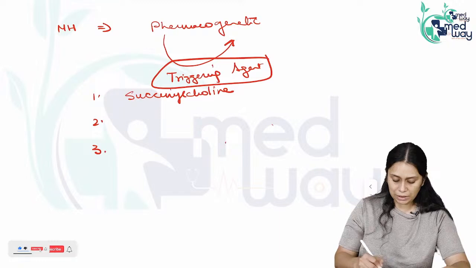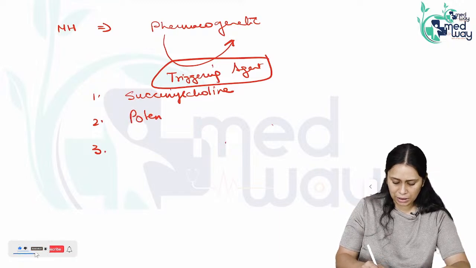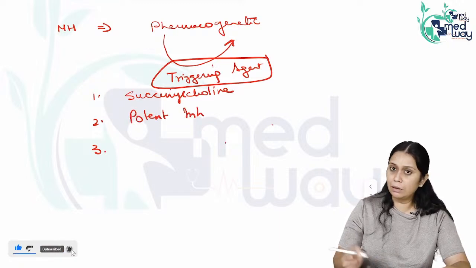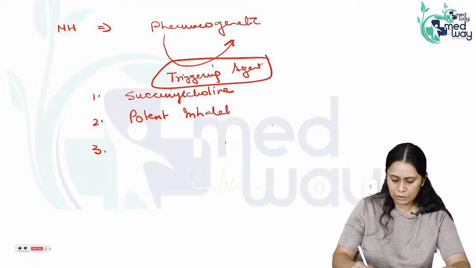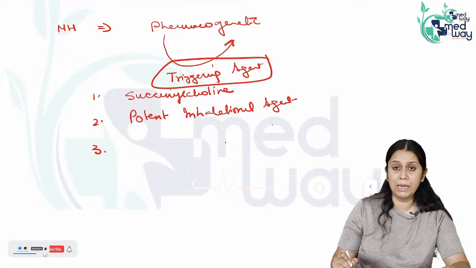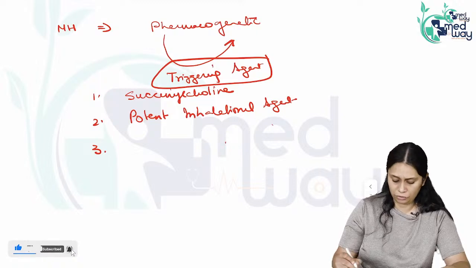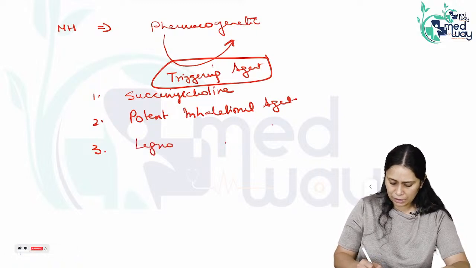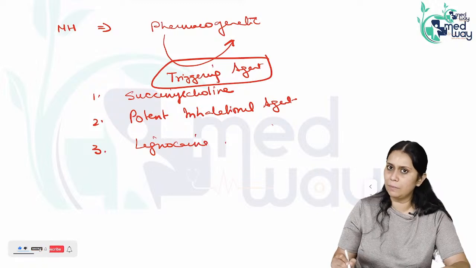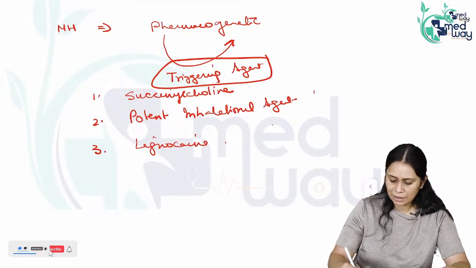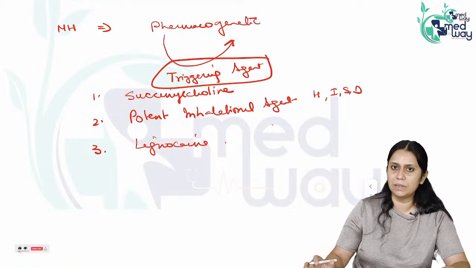Then potent inhalational agents like halothane, isoflurane, sevoflurane. All these can trigger malignant hyperthermia, but not the carrier gas, not xenon, not nitrous oxide. And sometimes lignocaine has been implicated to cause malignant hyperthermia. So as I said, halothane, isoflurane, sevoflurane, desflurane, all these can trigger malignant hyperthermia.